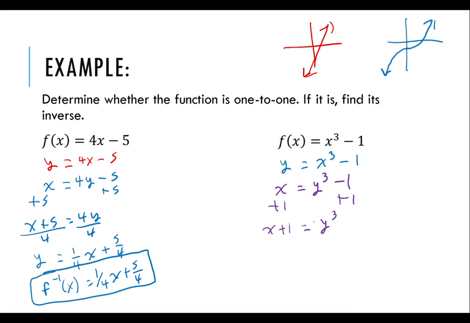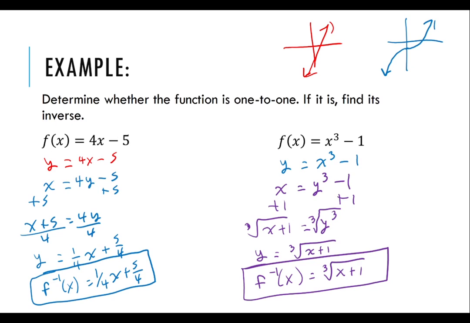What undoes y cubed? That's the cube root, so the cube root of (x + 1) is equal to y. So y is equal to the cube root of (x + 1), which can be written as f inverse of x = the cube root of (x + 1). So now we found that function's inverse.